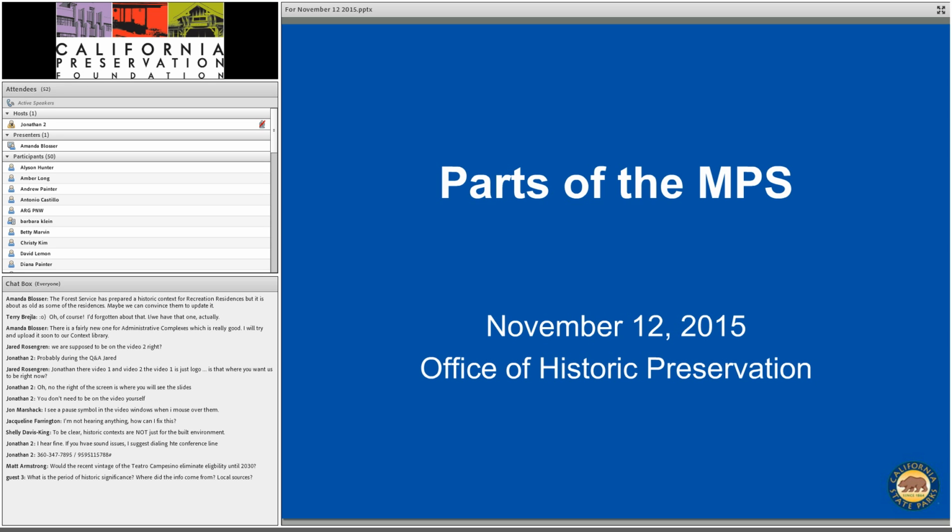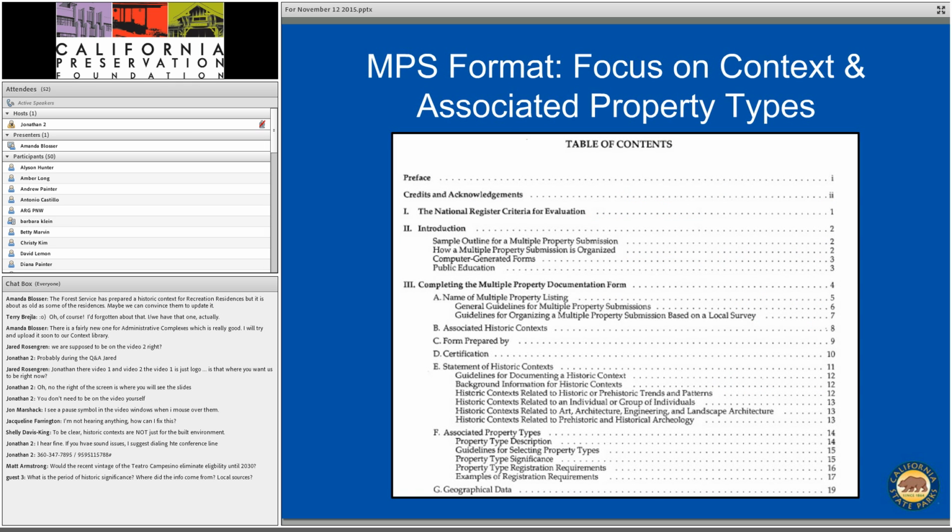Okay. And I wanted to show everyone the parts of a multiple property submission. And of course there's an introduction, but I want to specifically focus on 3B, associated historical context, and then also Section F, associated property types.